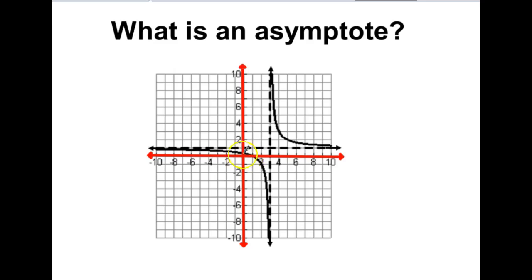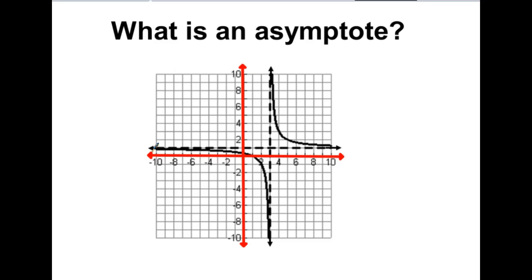Do you see that the asymptote on the graph is represented by dotted lines? And this graph is getting closer and closer and closer to this dotted line. Why is it getting closer and closer to this dotted line? Well, what would the equation of this one be?